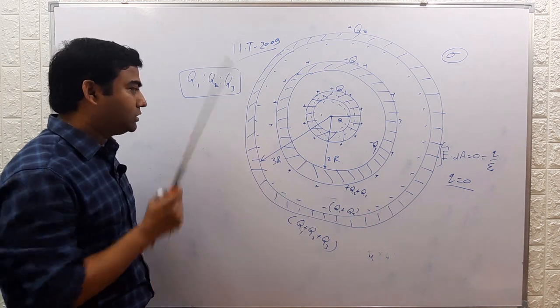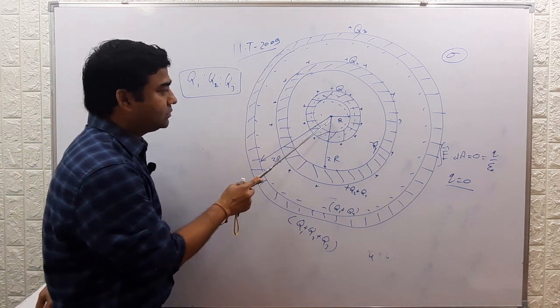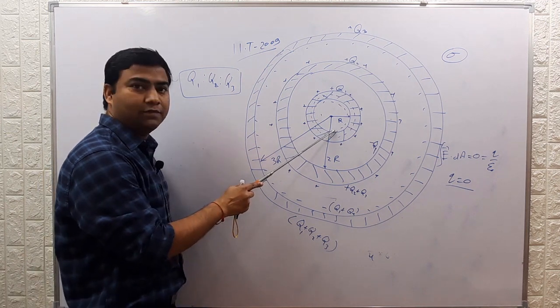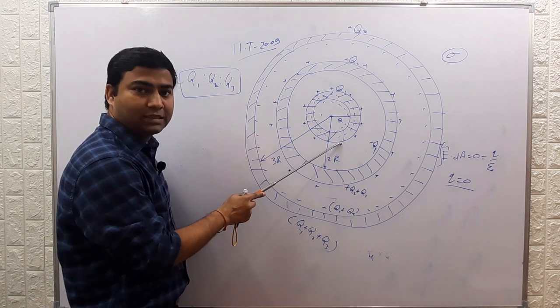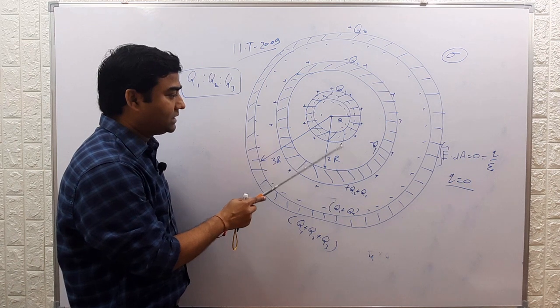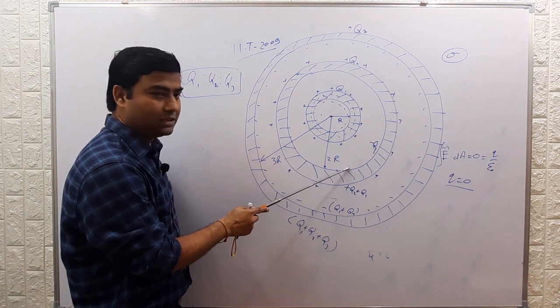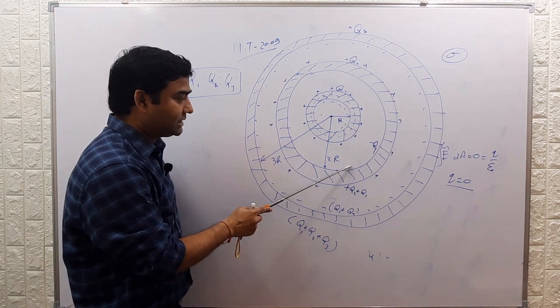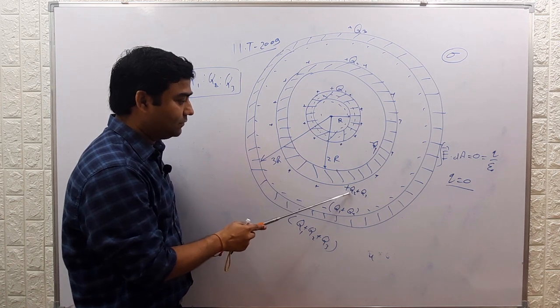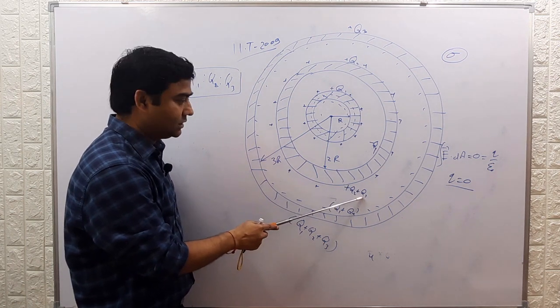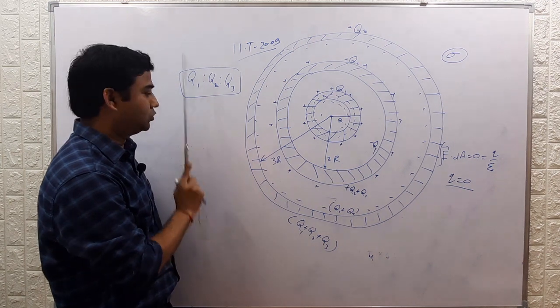sphere. So by Gauss's law we have found that the inner sphere will have 0 charge at the inner surface, plus Q1 charge at the outer surface. Plus Q1 charge will induce minus Q1 charge on this surface of the middle sphere. By charge conservation, this surface will have plus Q1 plus Q2 charge, because the net charge of this sphere is Q2.